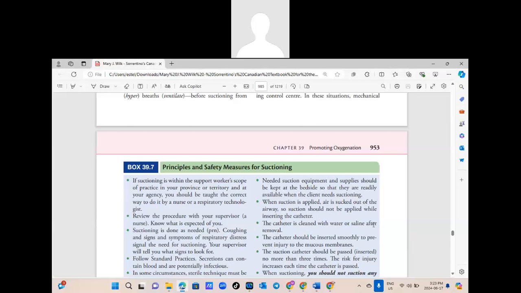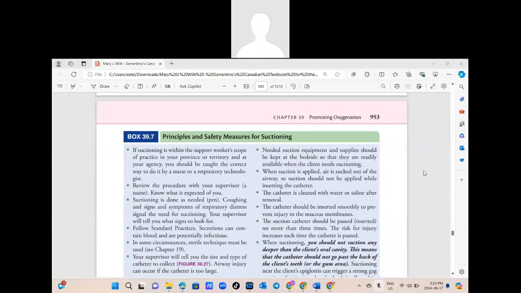The catheter is cleaned with water or saline after removal.